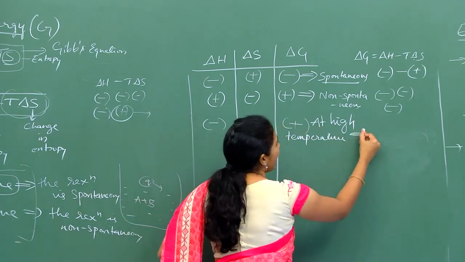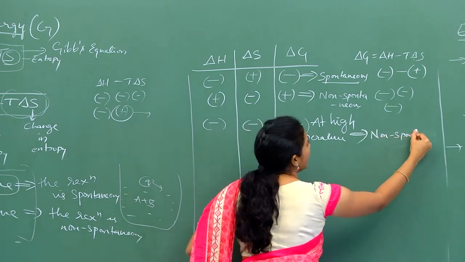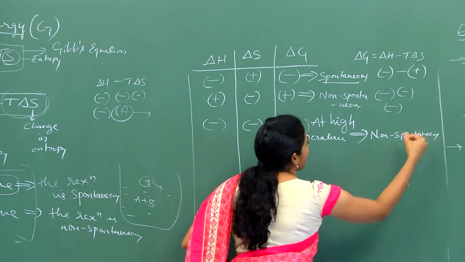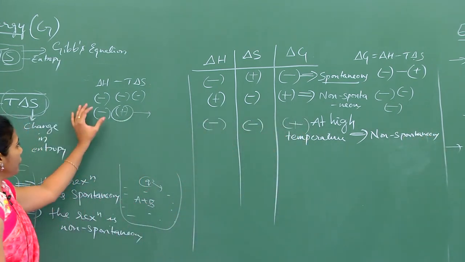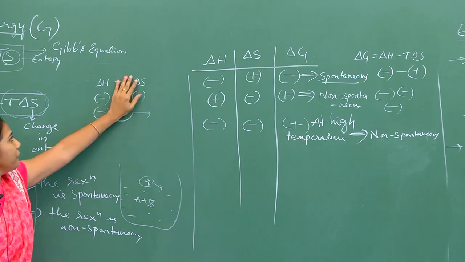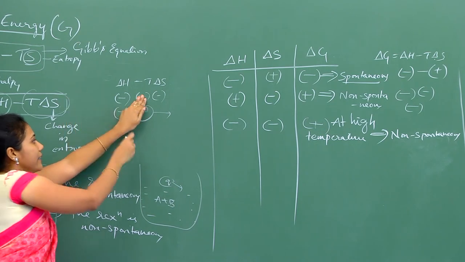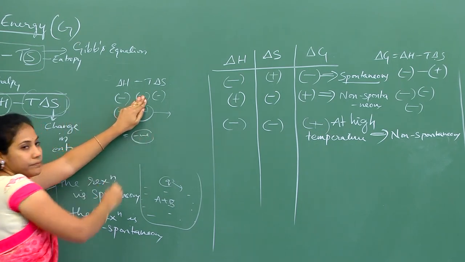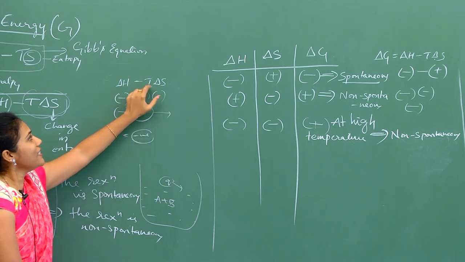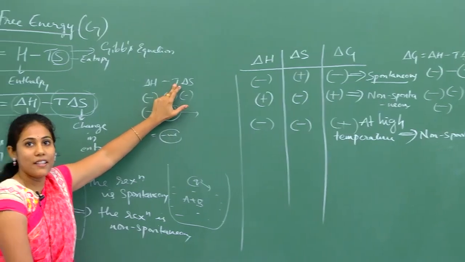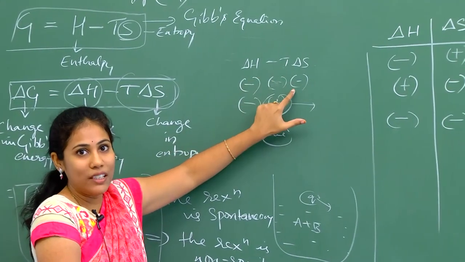Positive value is possible only at high temperatures. When you get a positive value, it means that the reaction is non-spontaneous. Okay. And in this case, if the positive value is lesser and the negative value is higher, then the answer is negative, no? When do you get this value lesser? When the temperature is less. So here temperature plays a deciding role.